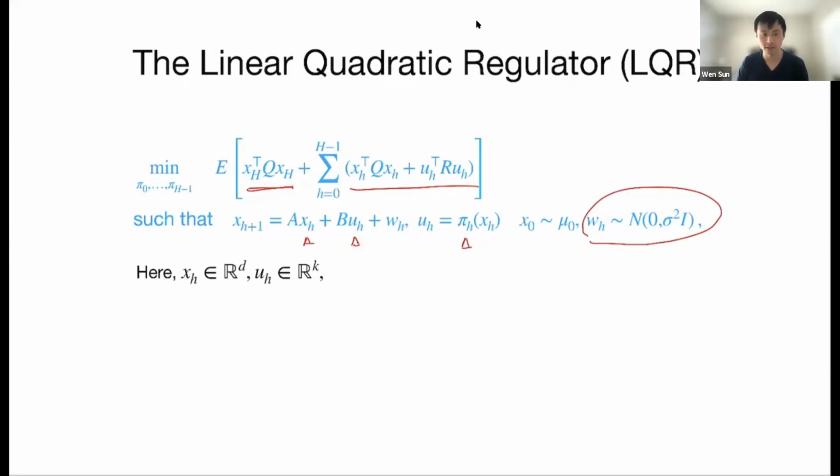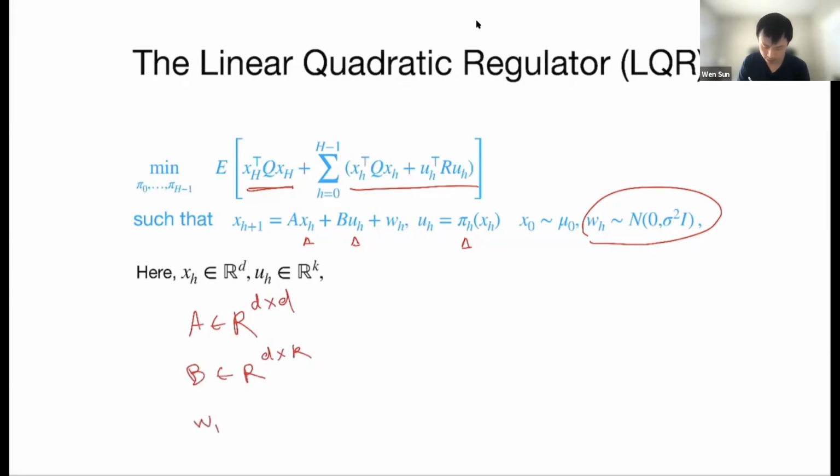All right, let's just fix some notation for dimensions. My state is coming from this R^d space, and my actions from R^k space. Which means that my matrix A will be from R^(d times d), right? And my B will be from R^(d times k).